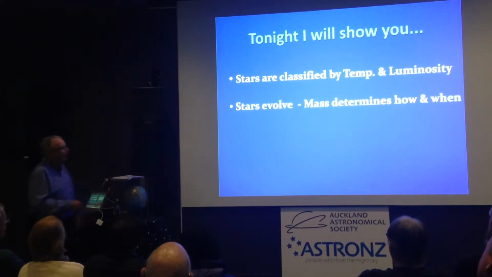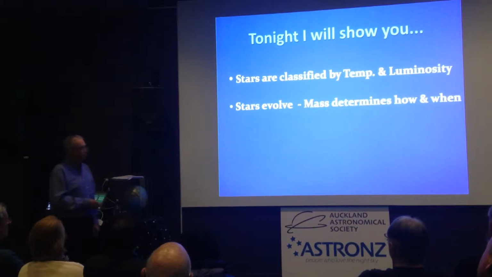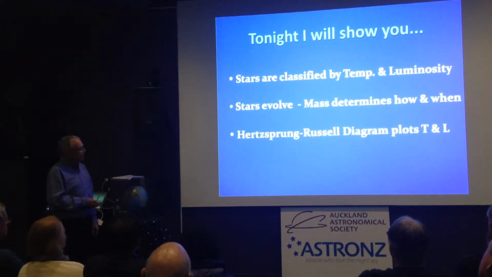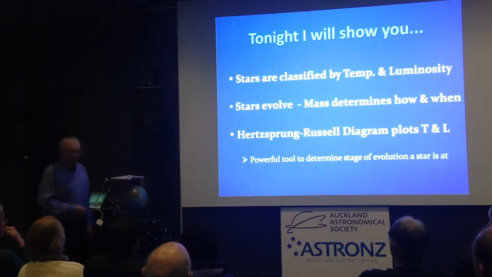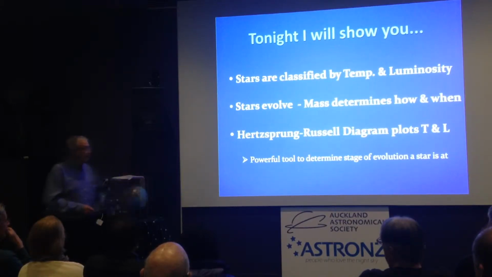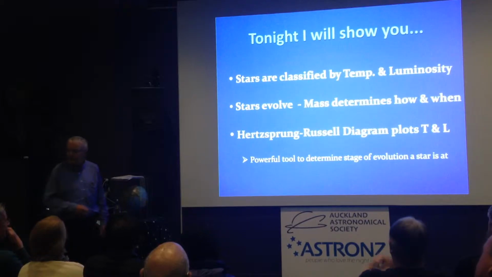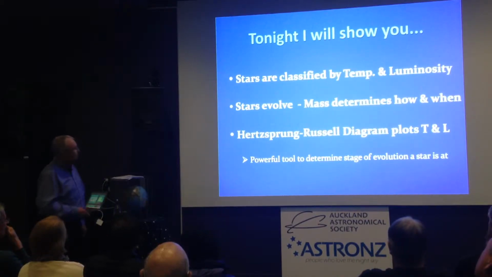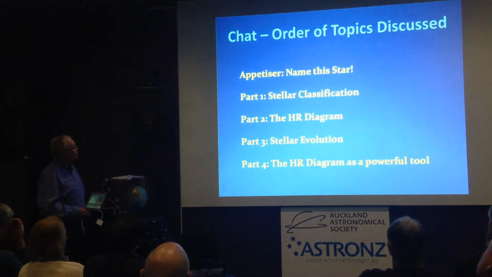In other words, how quickly it evolves. And then there's the Hertzsprung-Russell diagram that we'll talk about that plots that temperature and that luminosity. You'll get to see how that diagram is a very, very powerful tool in astronomy to determine what stage of evolution a star is at. So that's what we're going to talk about tonight.